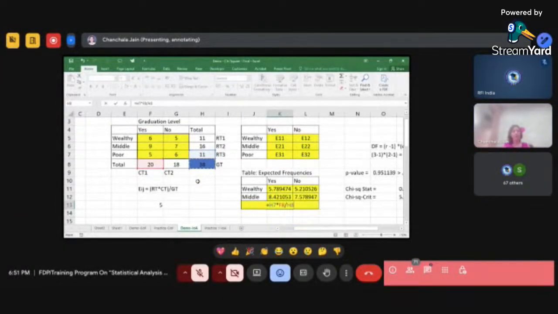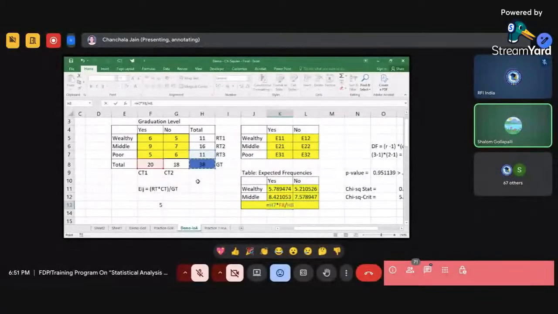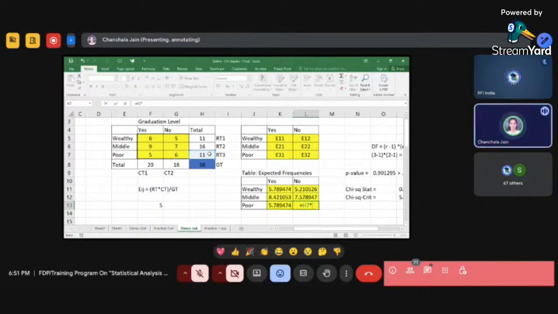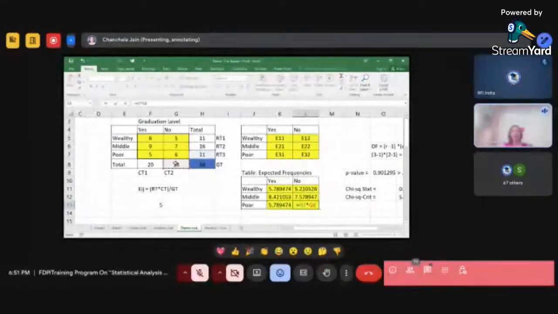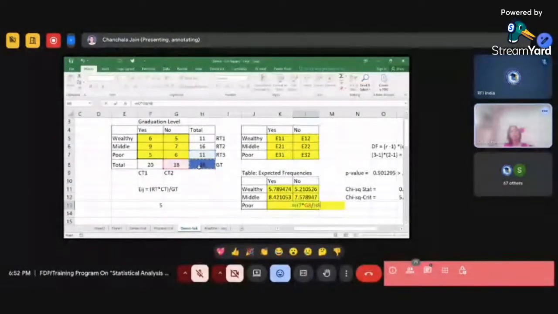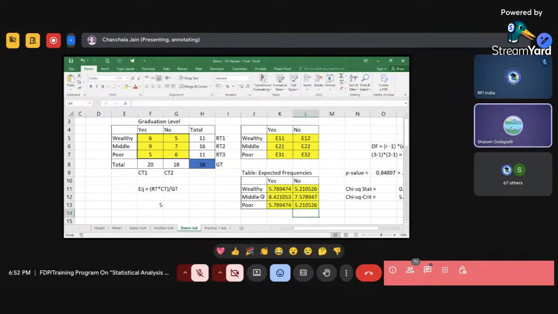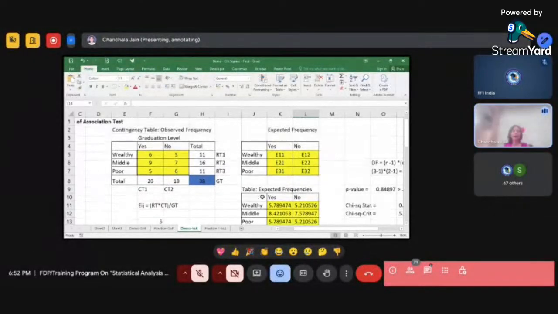And poor and no. Poor is again third row total multiplied by no is second column total divided by grand total. Done? So I think we are ready with our expected frequency contingency table also.